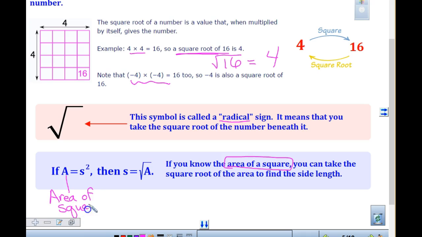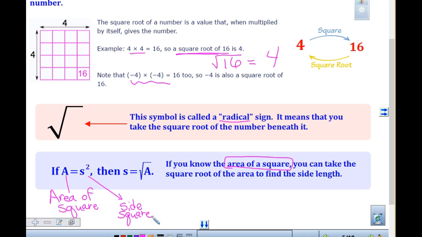You write that right below it. You got a little room. Area of the square equals, this is going to be our side of the square. And the same thing goes here. This S stands for side, is equal to the square root of the area. Okay? Is that kind of making sense?